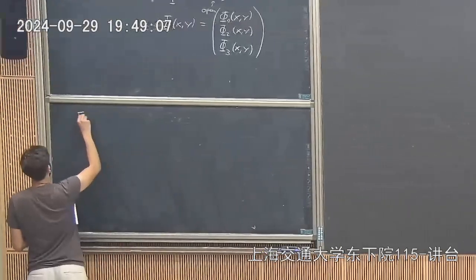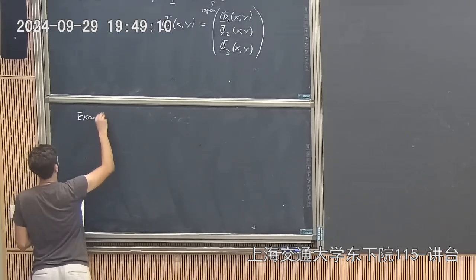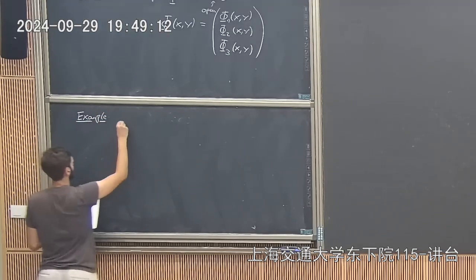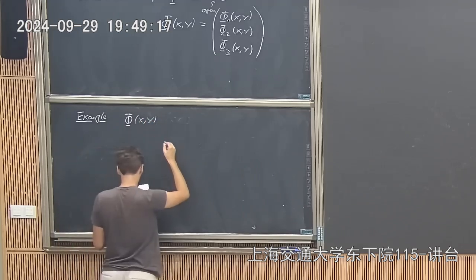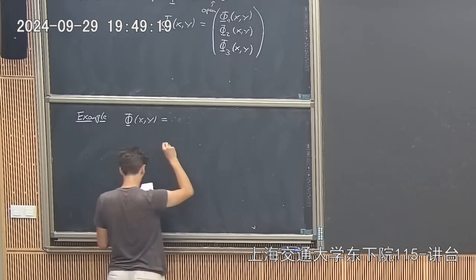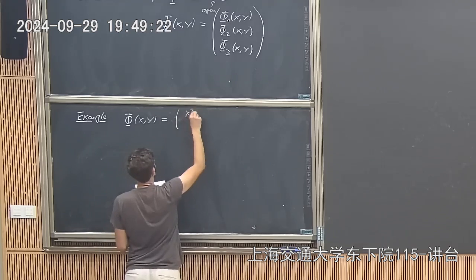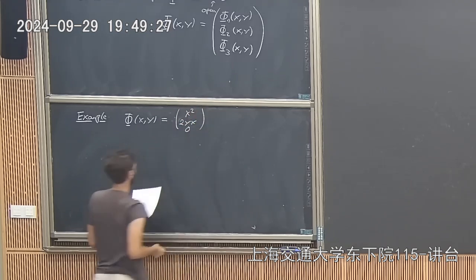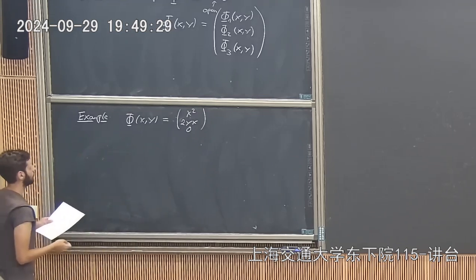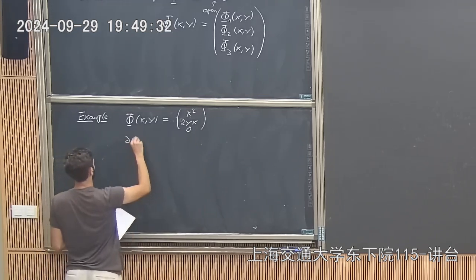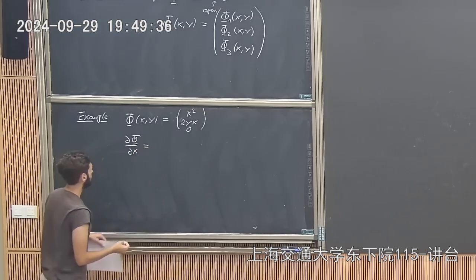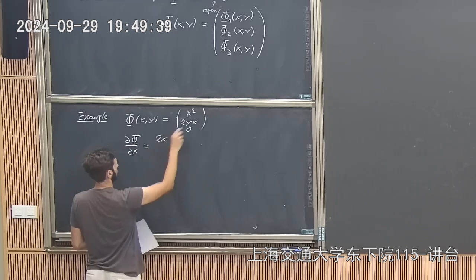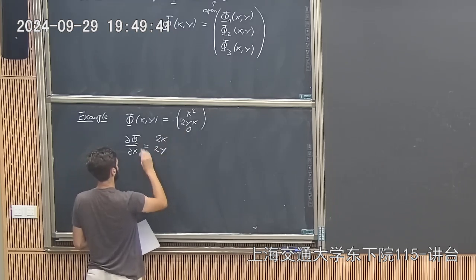For example, we have phi defined to be the map taking x and y to x squared, y squared, x, and 0. Then d phi with respect to x is really what you would expect, namely 2x, 2y.